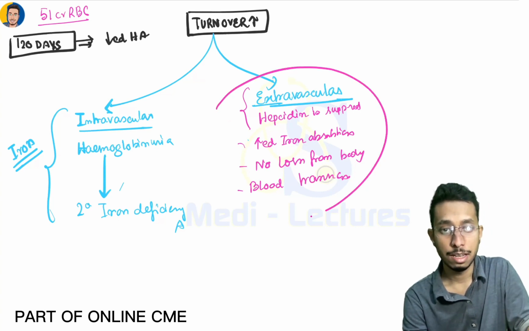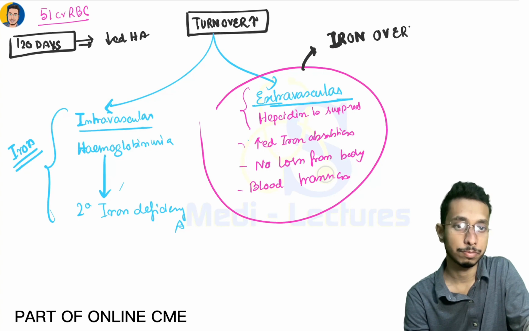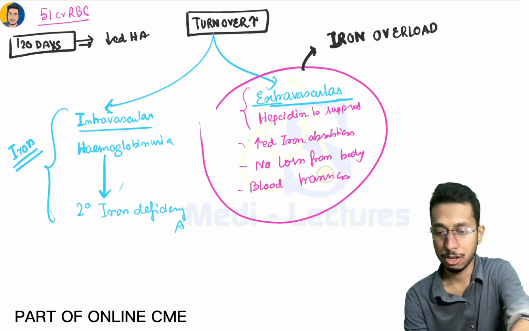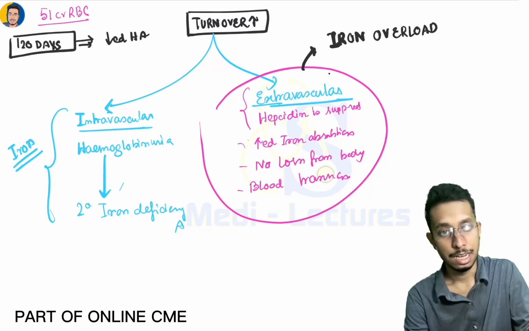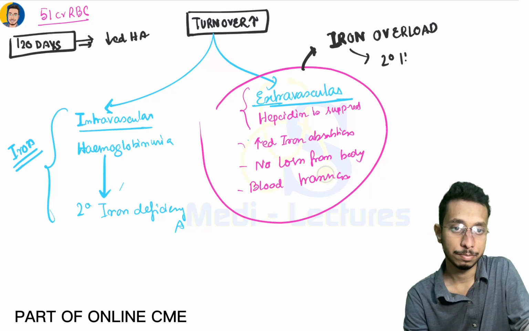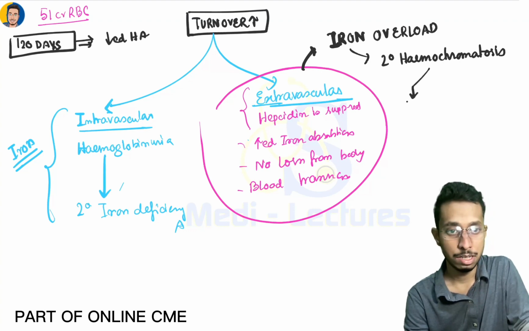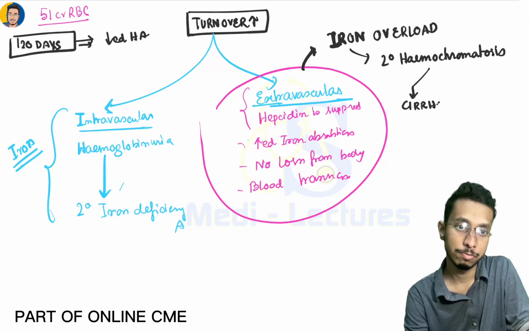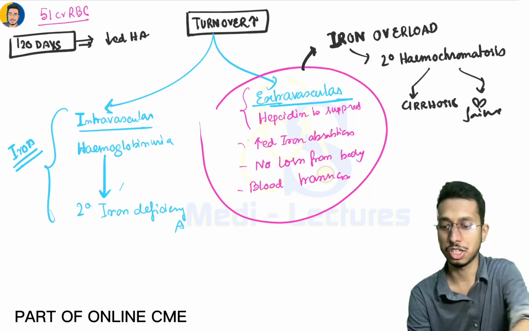These all together can give rise to a state of iron overload, and if the problem is overlooked and an iron chelator is not given to the patient, it may lead to secondary hemochromatosis and subsequent liver cirrhosis or heart failure. Alright, so these are the usual complications of hemolytic anemia.